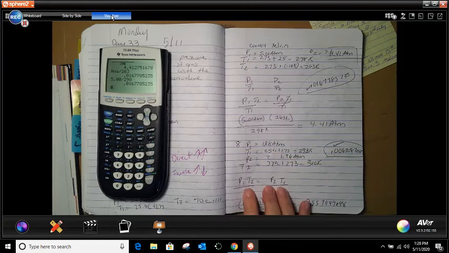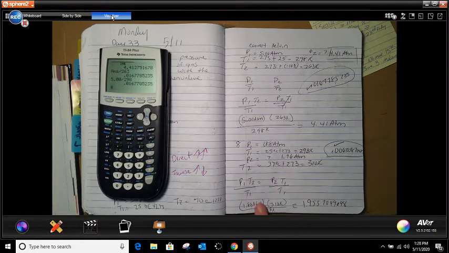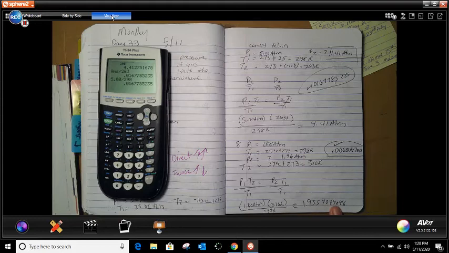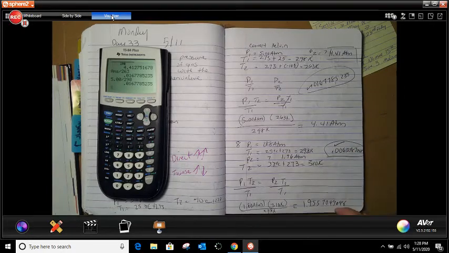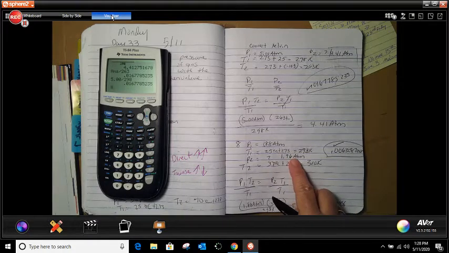Then I wrote out my formula again, where I crisscrossed it. I looked and saw what I'm looking for. I divided those, and I got 1.955704998. And my check answer is this. So based on that, what I was looking for, which was P2, is 1.96 atm.